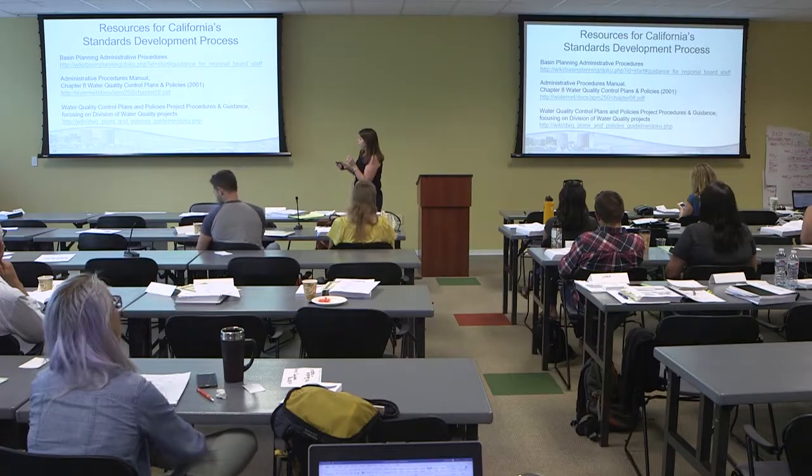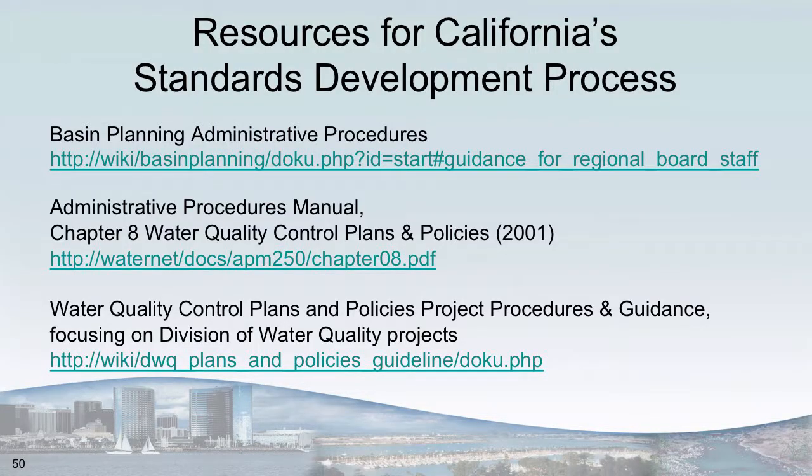We have the wiki, which is really going to be helpful for when you guys have already approved an amendment and are bringing it up through the state board level. Most of the information on that wiki is associated with that step of the process. There is the old administrative procedures manual that still is out there that does walk you through more comprehensively what you need, starting with your administrative record, all the way through, and now we are in the process of trying to update that administrative procedures manual.